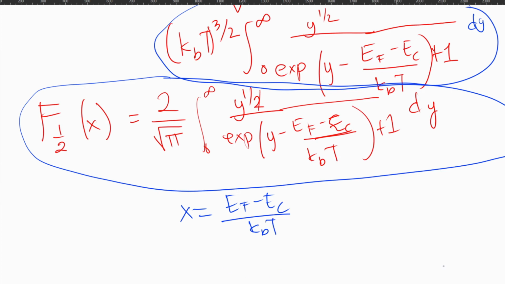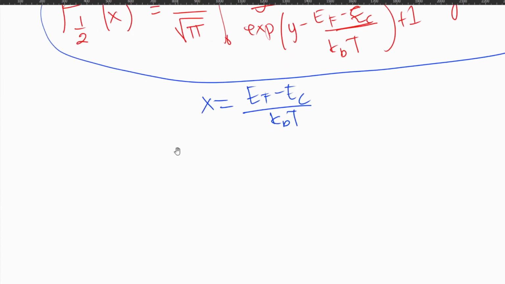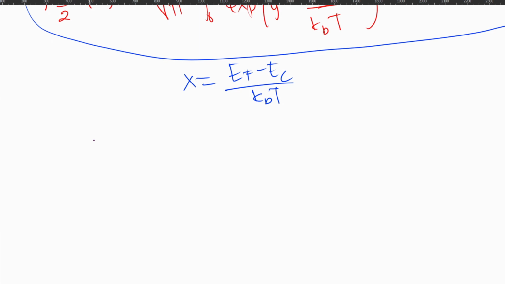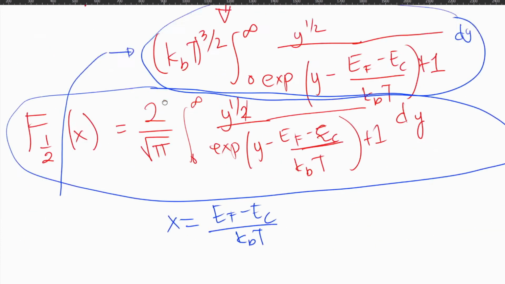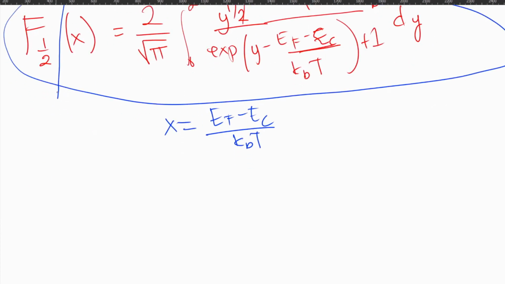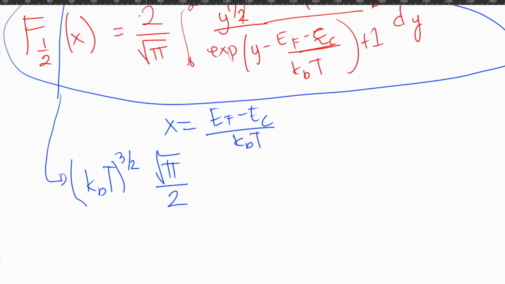This previous integral then becomes, so itong nasa taas, see? So ito, this will then become KBT to the 3 halves times square root of pi over 2 para ma-account tong term na to.